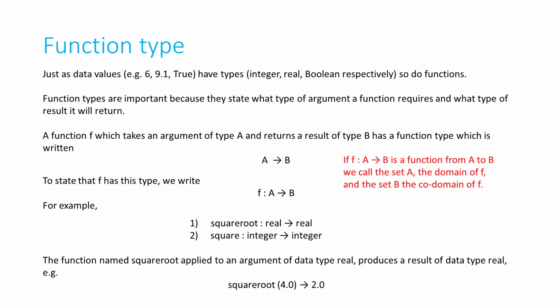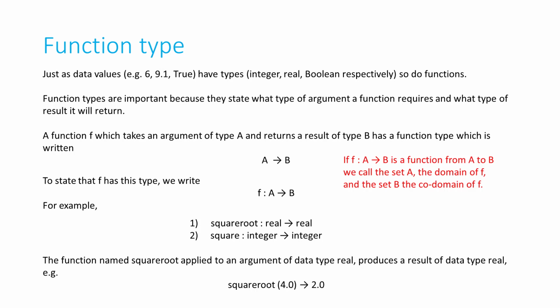A function f, which takes an argument of type A and returns a result of type B, has a function type which is written A maps to B. To state that f has this type, we write f, the name of the function, colon, and then the function type, which is represented as A right arrow B.